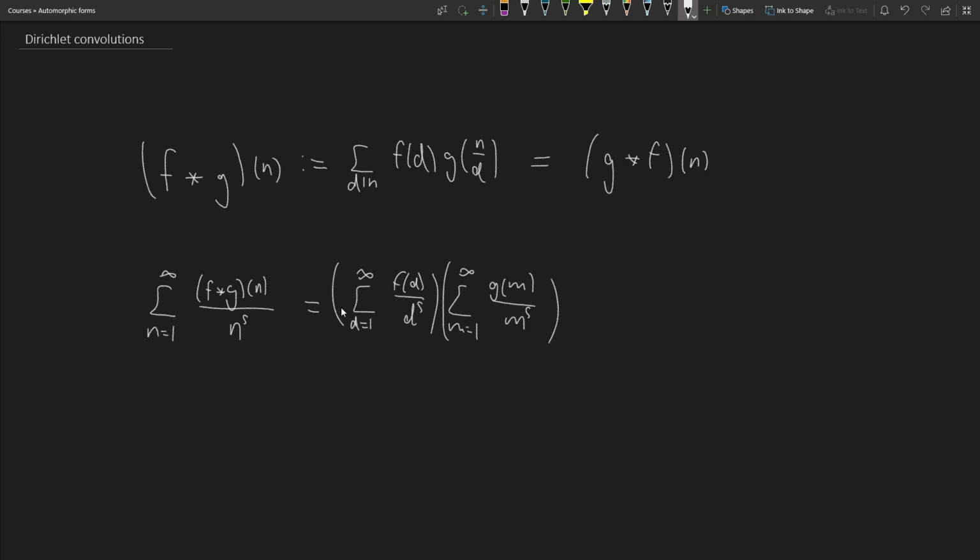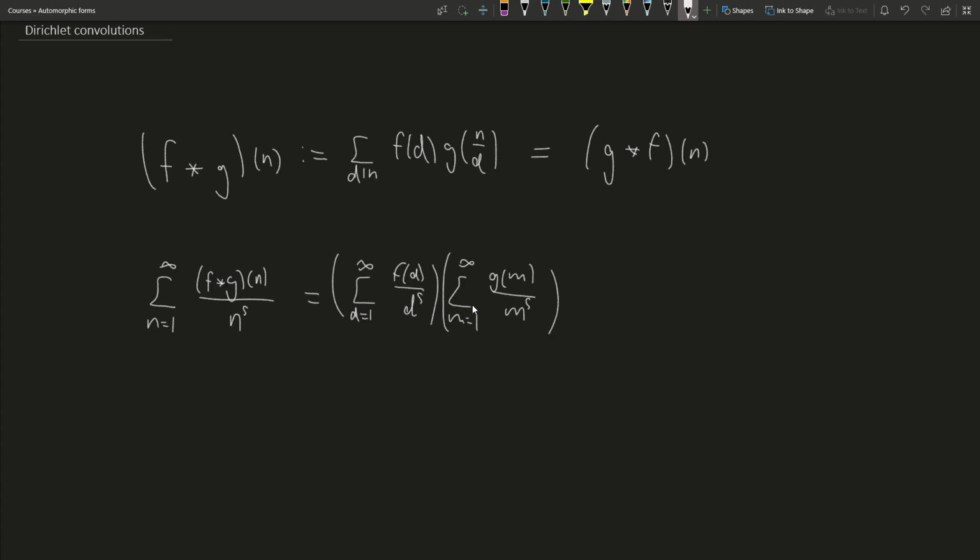So basically, if you have a product of Dirichlet series, then the coefficients of the resulting product are the Dirichlet convolution of the Dirichlet coefficients.